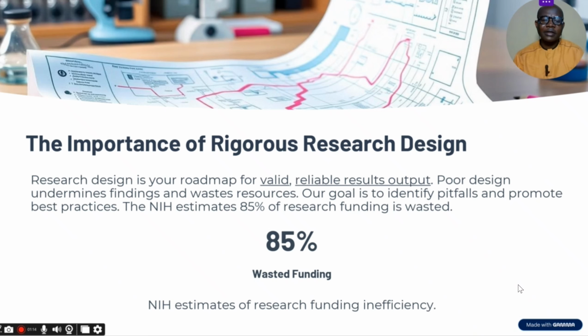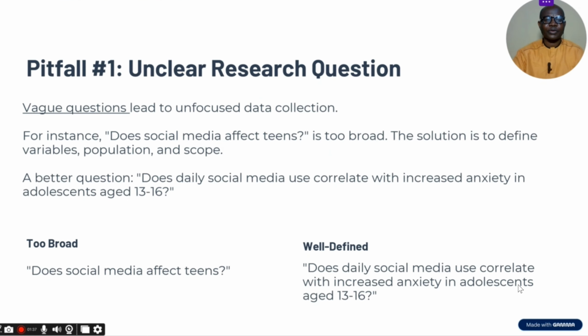The National Institutes of Health has estimated that about 85% of research funding is wasted, which is most often due to poor research design. So we must ensure we promote a good research design as it affects academic research. Now let's look at the pitfalls one after the other.